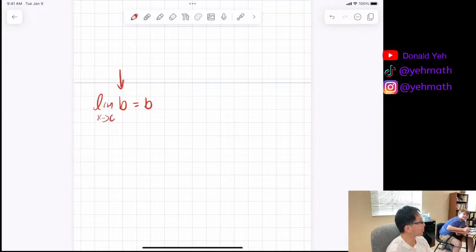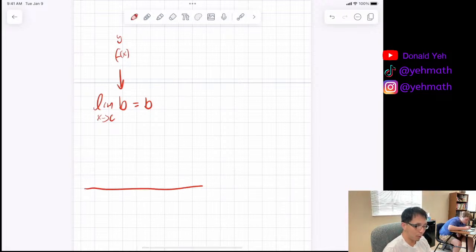Okay, think about it. This usually is a function, right? And a function is like f of x, or it could be y. That means y goes to b. If you think about y going to b, it's actually a horizontal line, and b is just any type of value. So you approach c, and c is some type of constant.